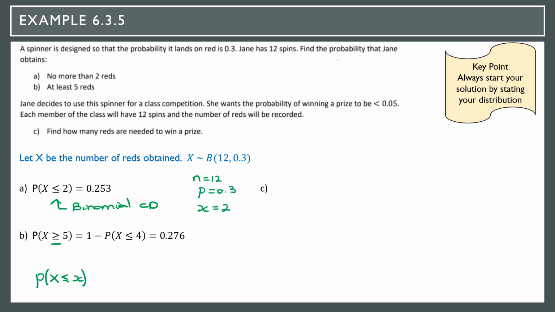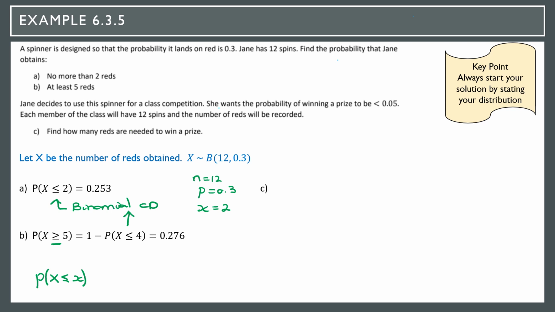So we do need to rewrite the probability that X is greater than or equal to 5 if we want to use our CD function on our calculators. As we know, the sum of the probabilities for all outcomes of an event equal 1. The probability that X is greater than or equal to 5 is the same as 1 minus the probability that X is less than or equal to 4.